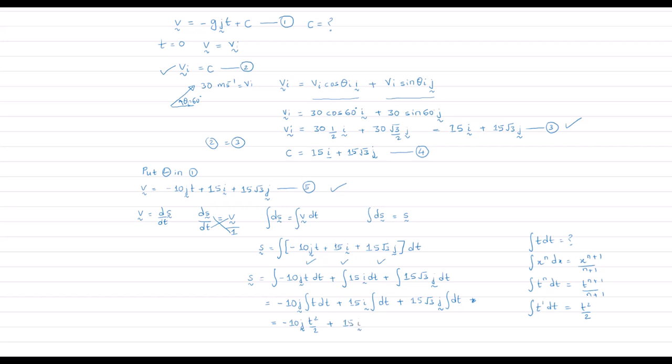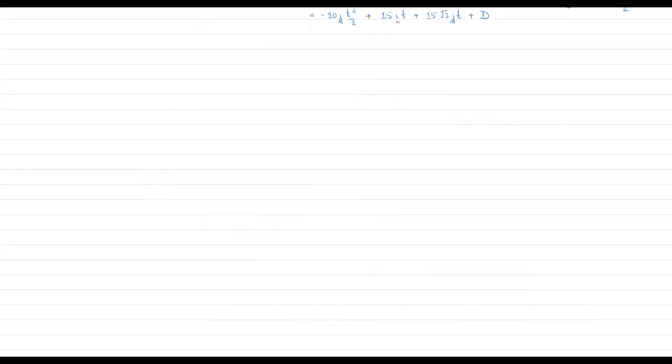Integration of dt will be t, as I explained earlier, plus 15 root 3 j t. Now for the complete integration we put another constant of integration. Let's call that d. So let's try to rearrange the terms and simplify as much as possible.